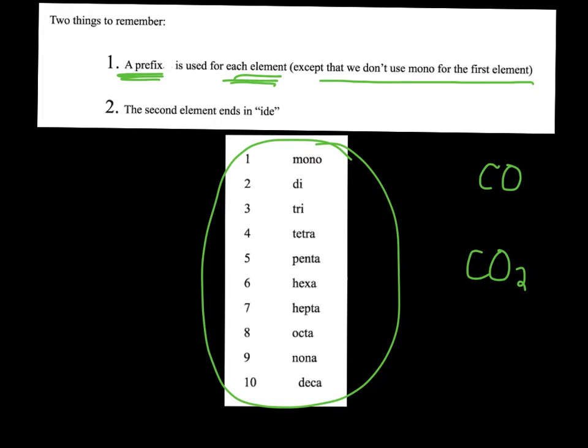CO2 is carbon dioxide. We don't say monocarbon monoxide. We just say carbon monoxide. We don't say monocarbon dioxide. We say carbon dioxide. The second element ends in an "ide", so carbon dioxide, carbon monoxide. Okay, so those are the two rules to remember.